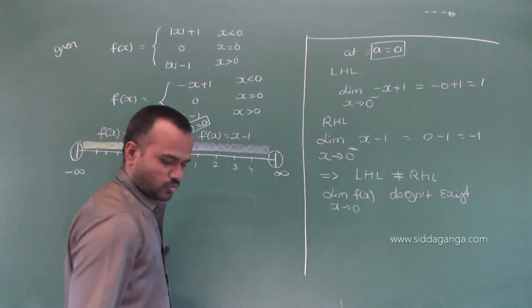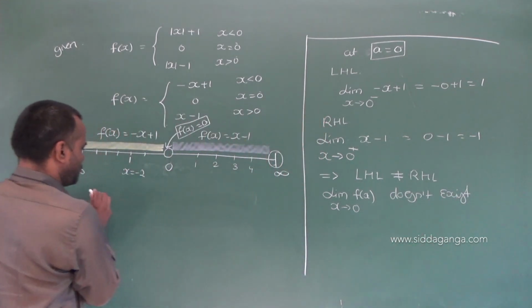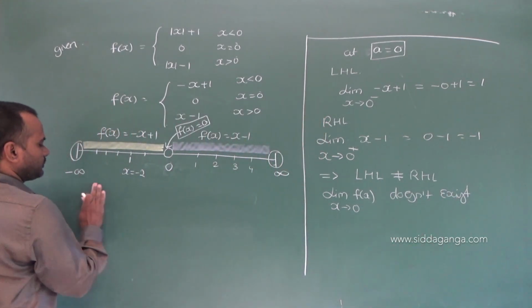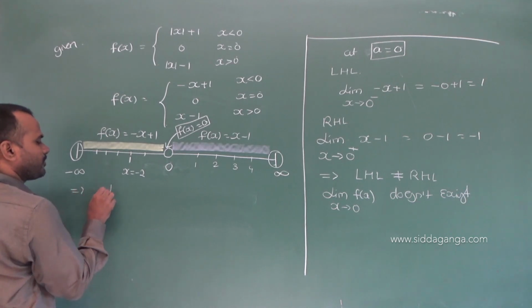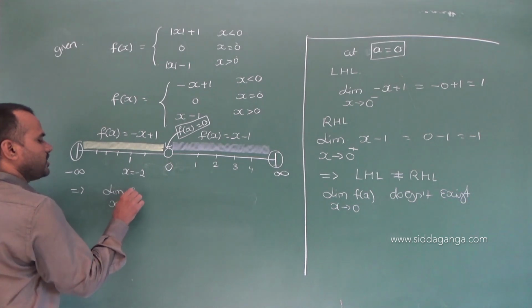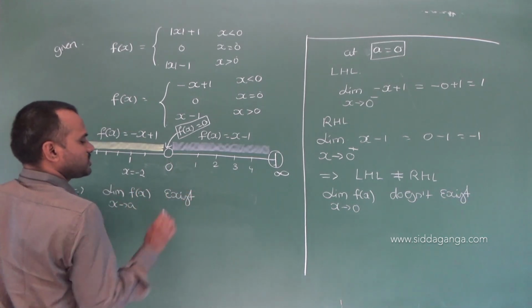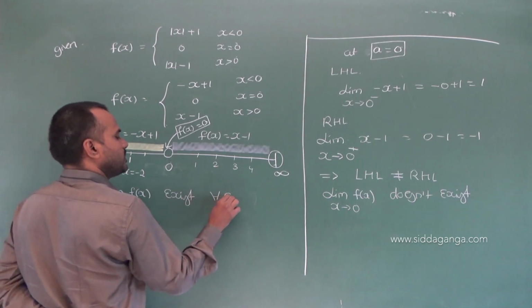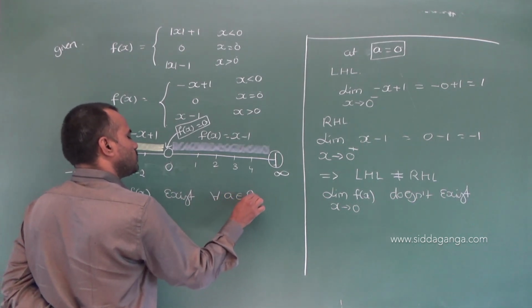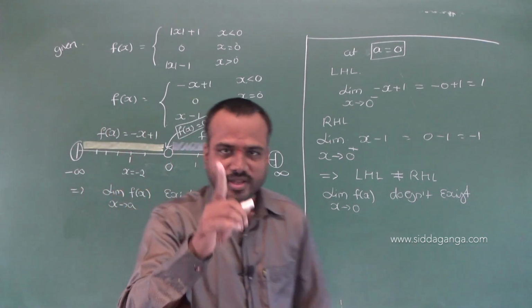We write, so limit x tends to 0, f of x does not exist. So I write here, that implies limit x tends to a, f of x exists for all a belongs to R minus 0. This is very important.